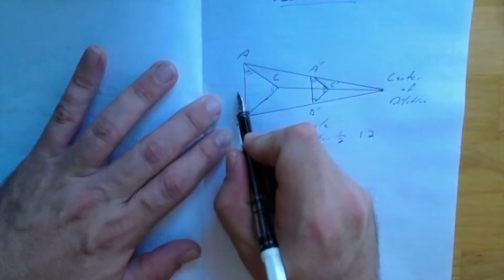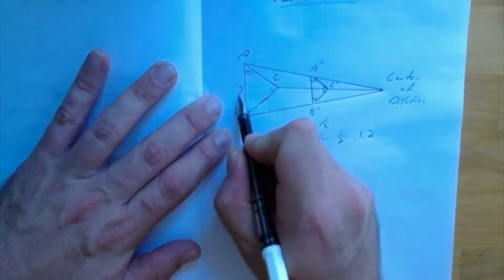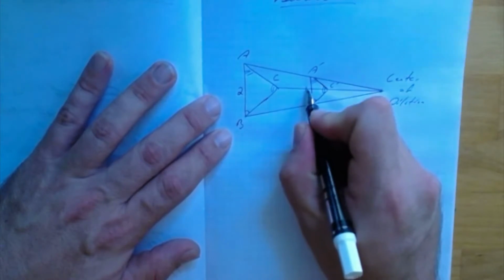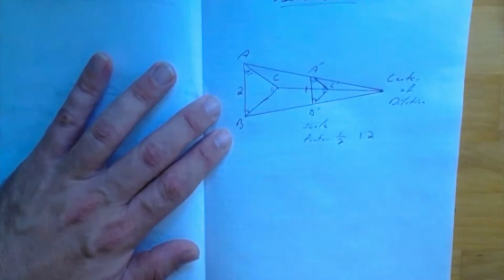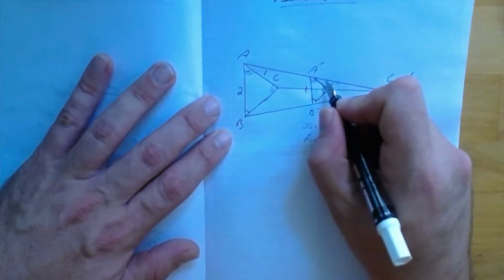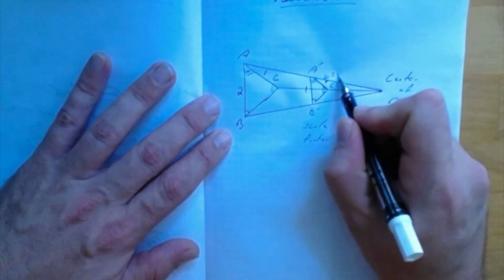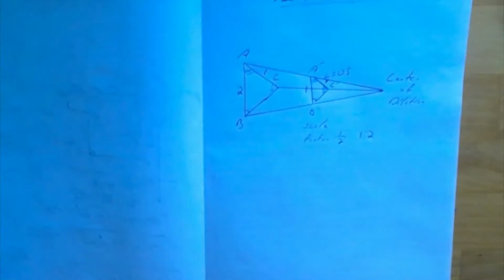So if this was a side 2, then this would be half that size, so a size 1. And if this was a size 1, this would be half that size, or size 1/2, which we could call 0.5, and whatever unit of measure.